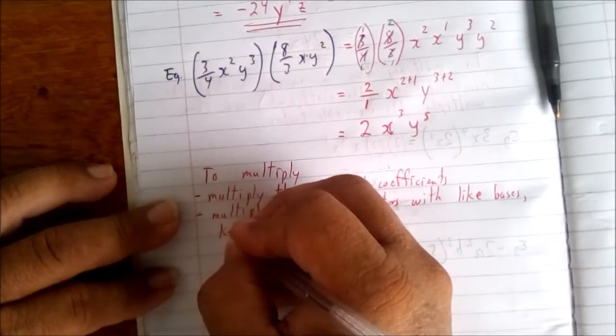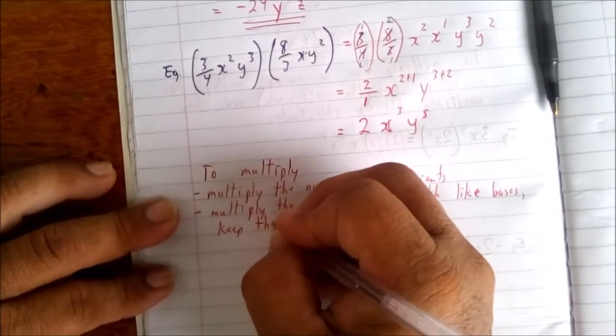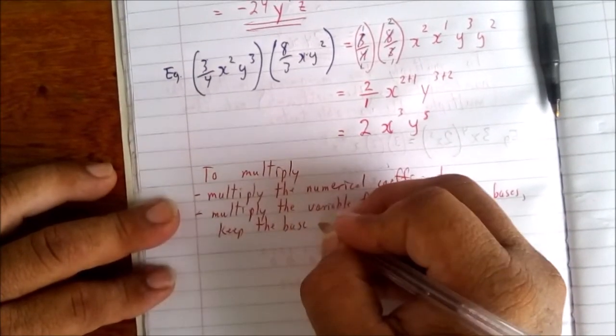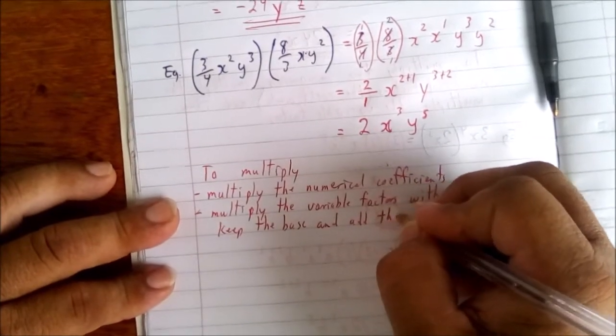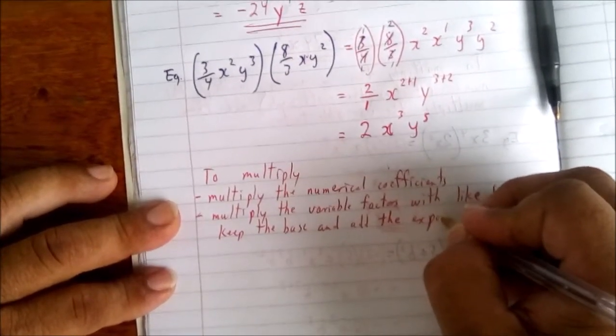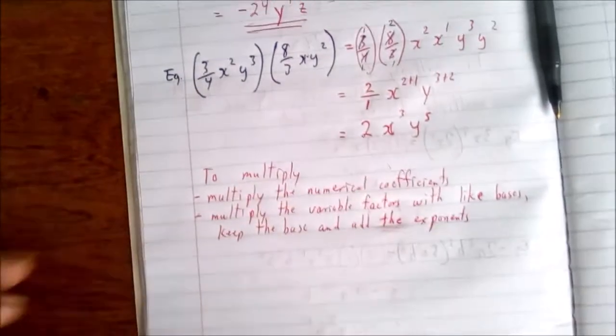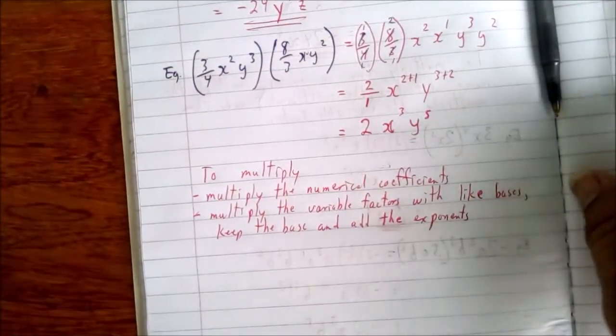You will keep the base and add the exponents. That's what you will be doing when you're multiplying monomials.